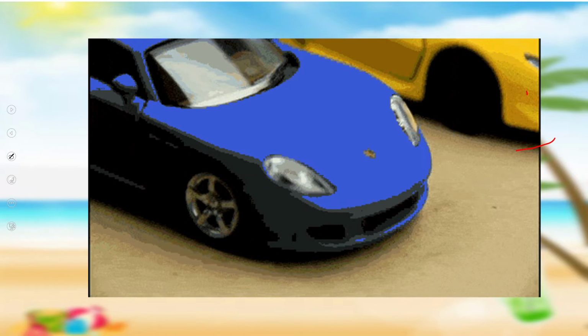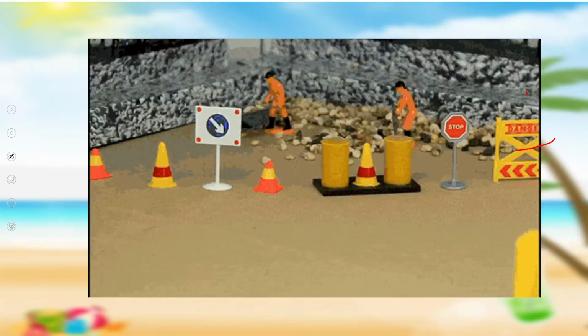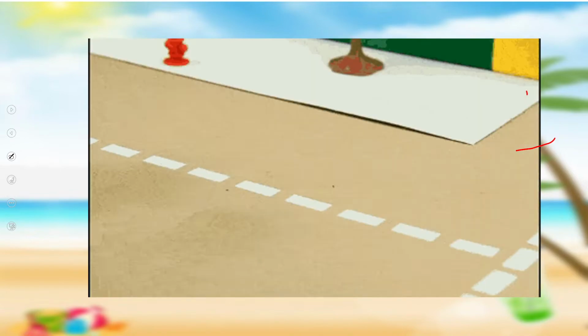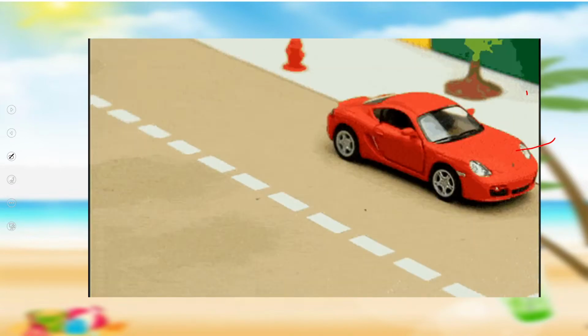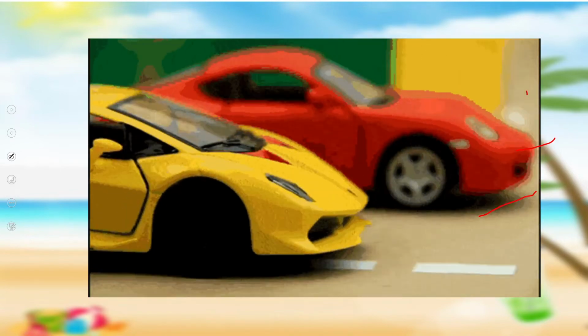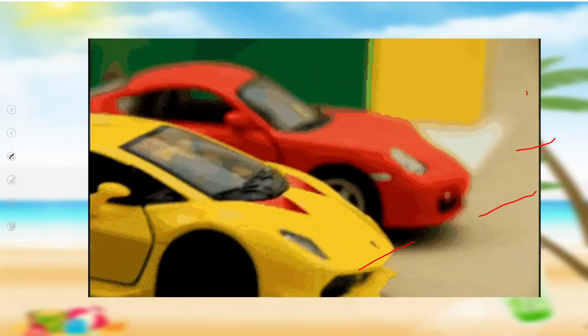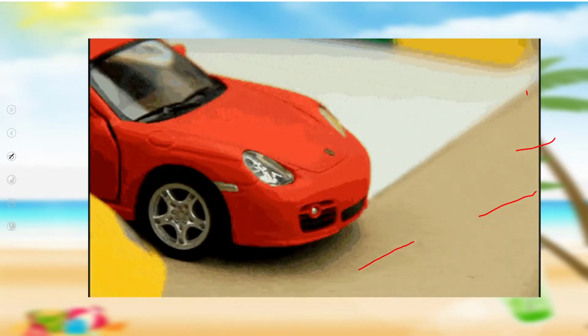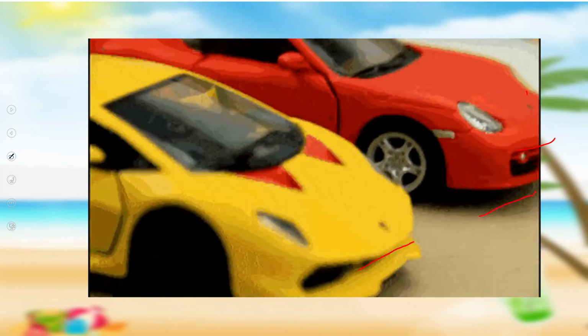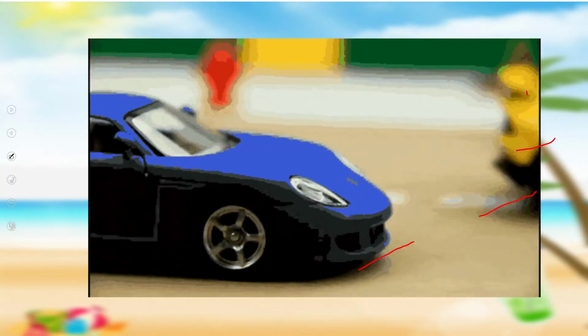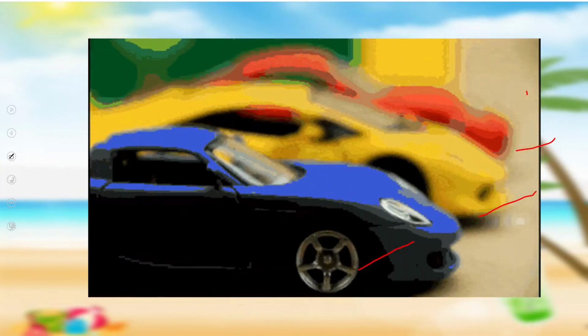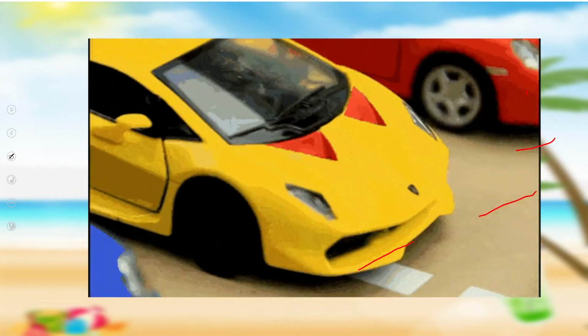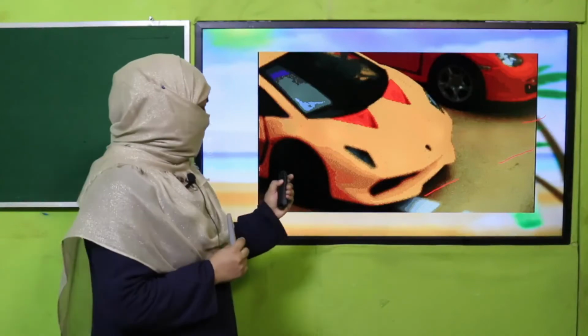Oh, I missed it a little, so once again, let's see. First, then second and third. So usually beta, because it's also a video of a race. So first, second and third. First, which came on number 1, second which came on number 2 and third which came on number 3.